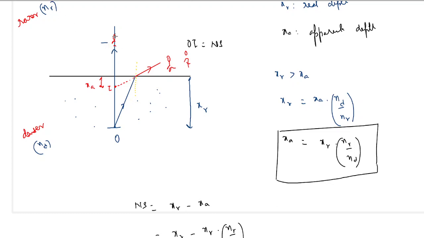Whether the observer is somewhere here or somewhere here, the normal shift doesn't change, but the apparent distance would vary. So in that case, it will be this apparent depth plus this distance also. So that will be the total distance between the observer and the object.